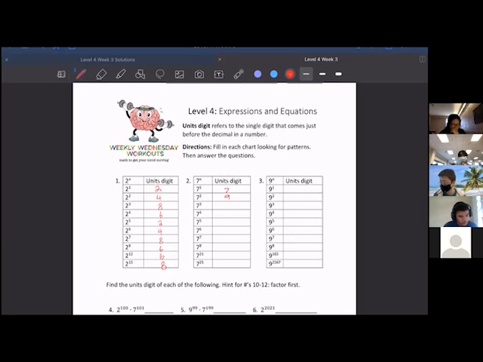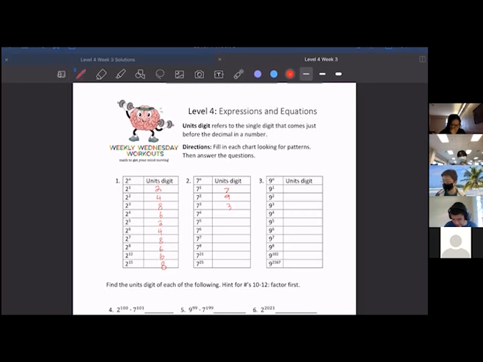Okay. Is that for 7 to the third? Yeah, I think so. And if you want, you don't actually have to do the entire 7 to the fourth here.